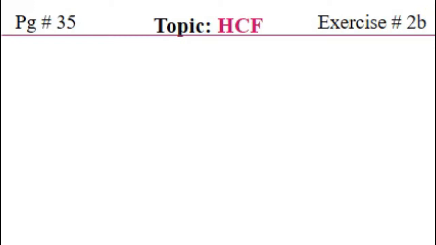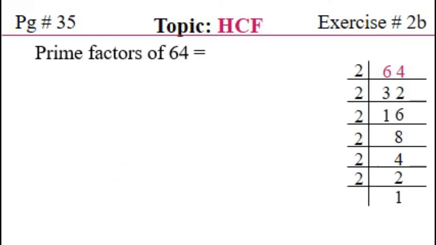Now let's consider step number 2. In step number 2, we were supposed to identify the common prime factors among the given set of numbers. Firstly, we will write down the prime factors of 64. Let's have a look at this.